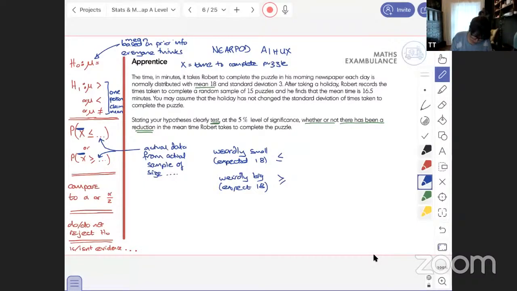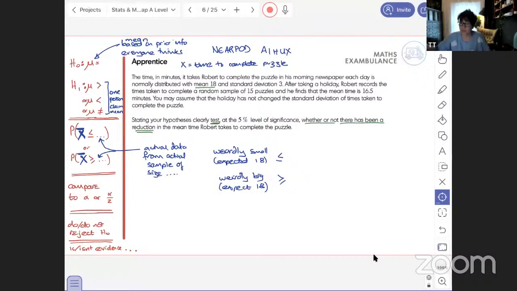Whereas what we're looking at here is X bar. We are looking at a specific sample of a specific size. So the thing that we're actually measuring, the thing that we've got data on, the actual data is not from all things ever. The actual data is from a sample of size 15.